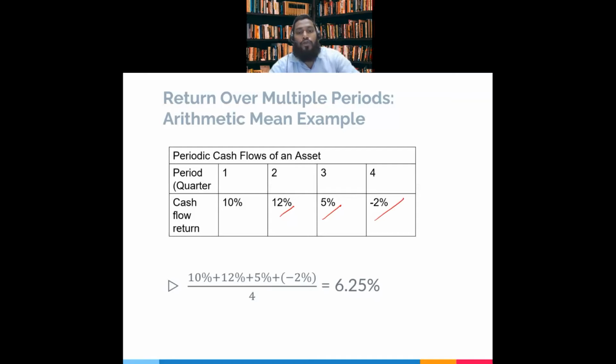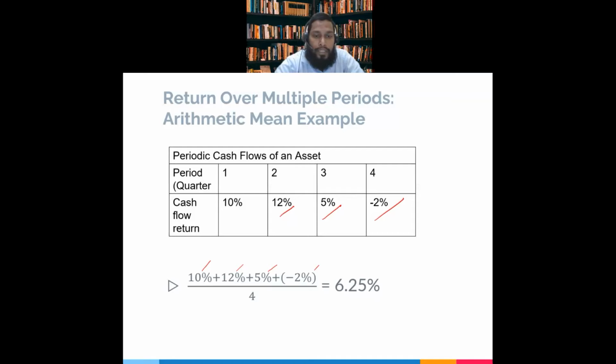If we want to get the arithmetic return, which is the average return per period, we just need to add all these returns: 10%, 12, 5, and minus 2%, and divide by the number of periods.